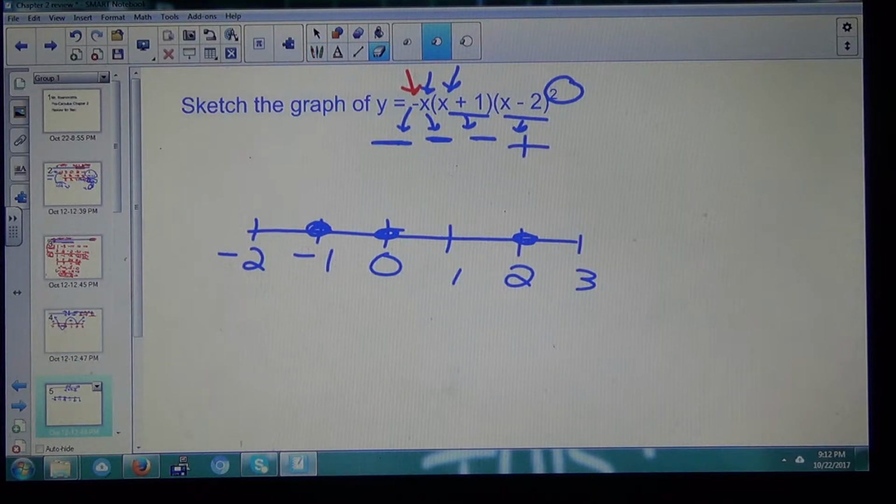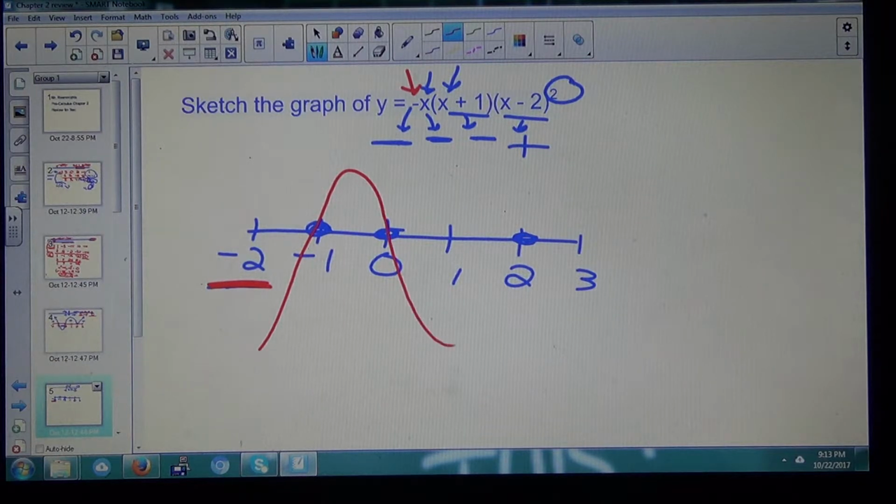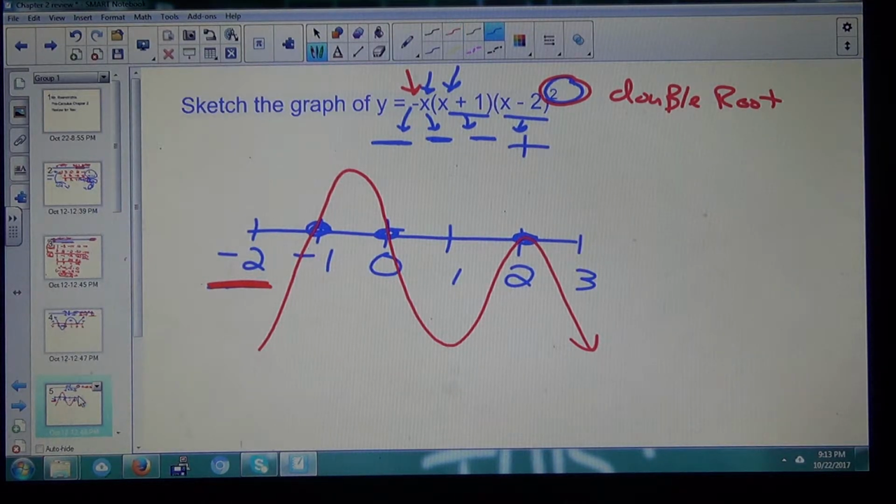Okay, and now I have 3 negatives, which makes a negative. So at -2, we're going to be negative. And again, what should these always do? They always flow except where? Where there is a square, which is called a double root. Okay? So again, I can't just do that, though, I have to check it.